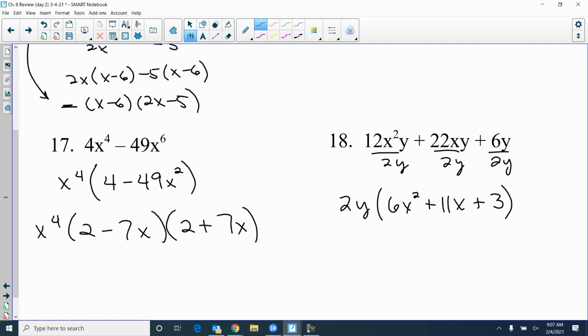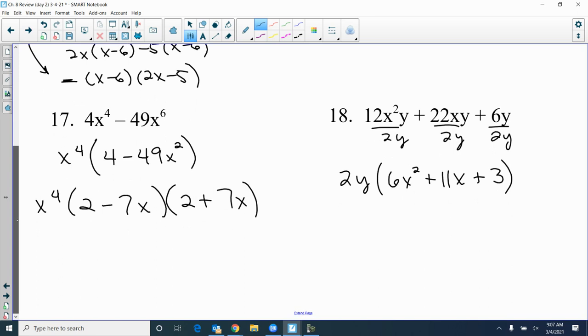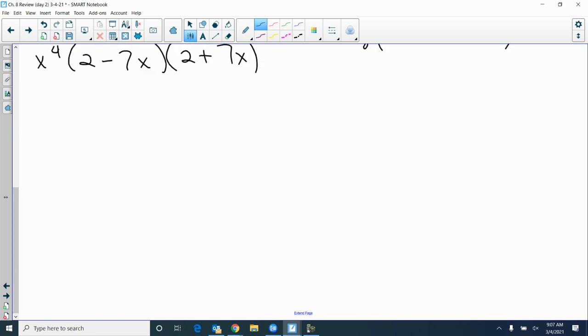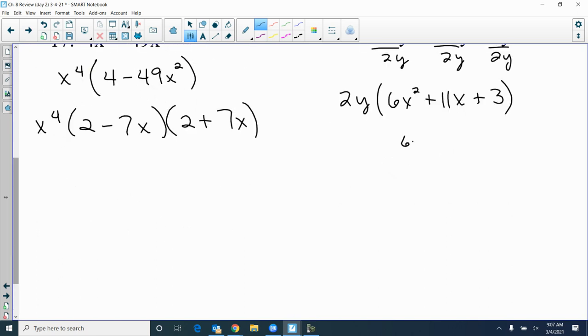You now have to look on the inside and see, does that factor again? It will. Now we just do those problems like we did 13 and 14. It's just another problem where I'm going to multiply 6 times 3. And what multiplies to get 18 and adds to get 11?